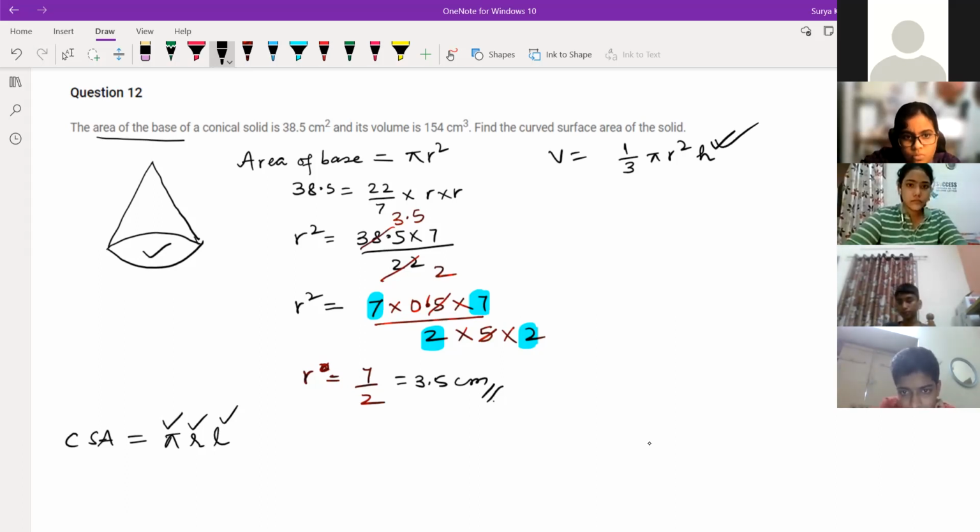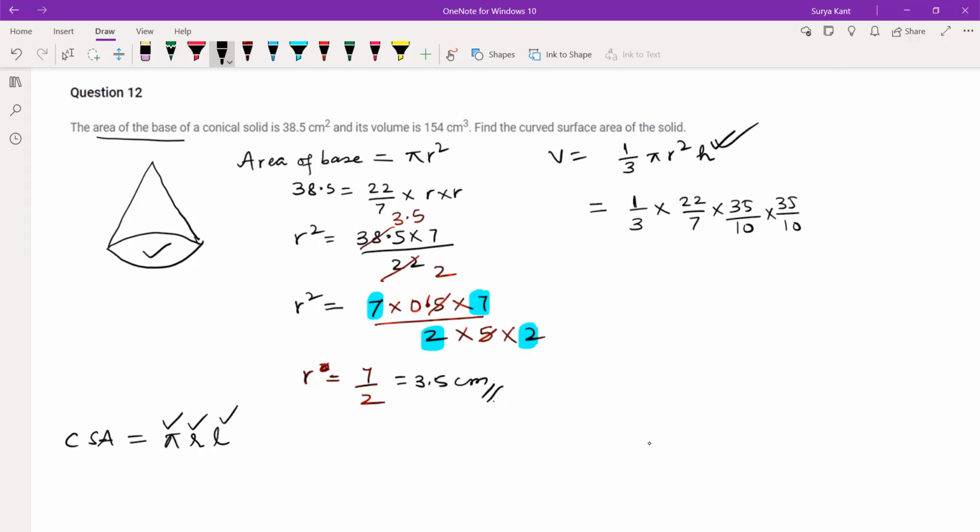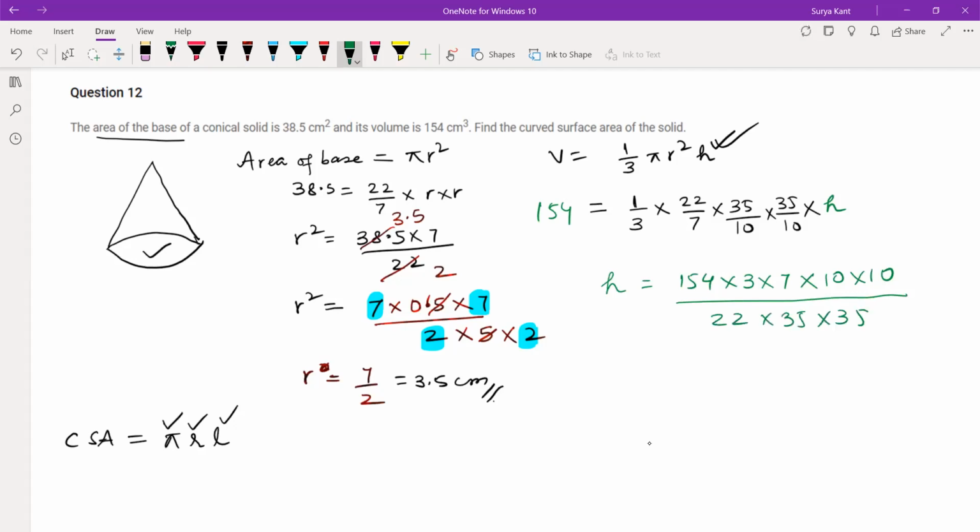So volume is equal to 1 by 3 pi, 22 by 7, radius is 35 by 10, again 35 by 10, into h, which we have to find, and volume is given 154. So h is equal to 154 into 3 into 7 into 10 into 10 whole divided by 22 into 35 into 35.